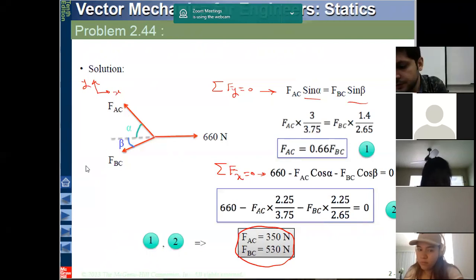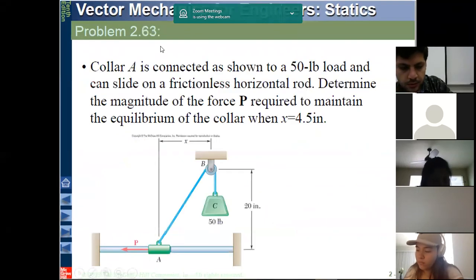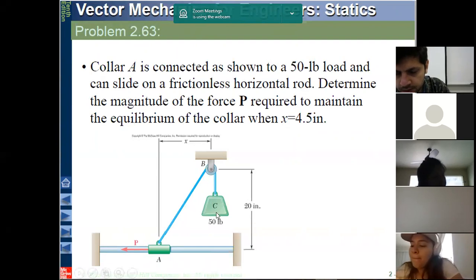All right. So let's go to the next example. So here we have a collar A, which is connected to a vertical load C through a pulley. The load is 50 pounds, and the collar can slide on a frictionless horizontal rod.